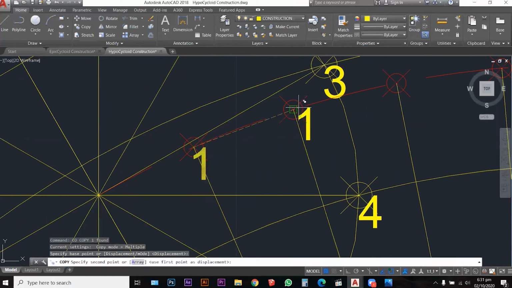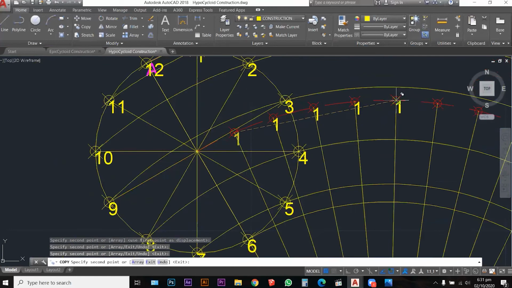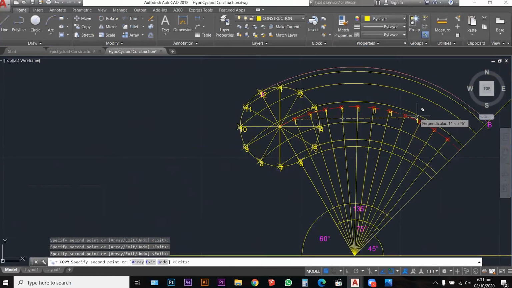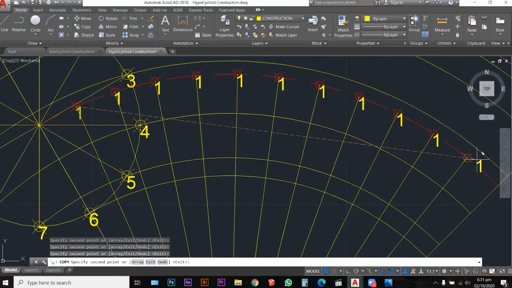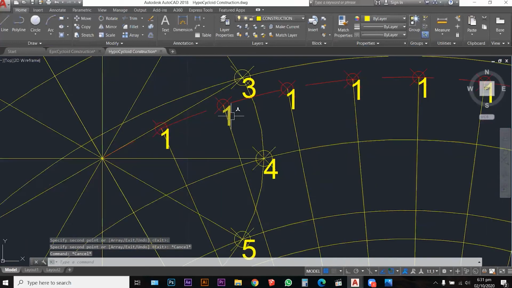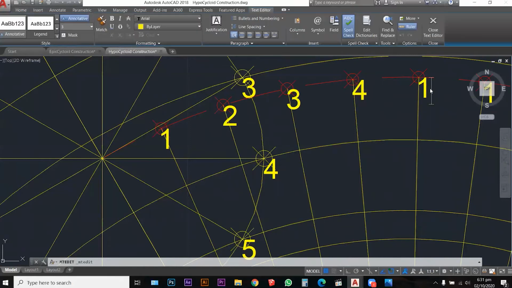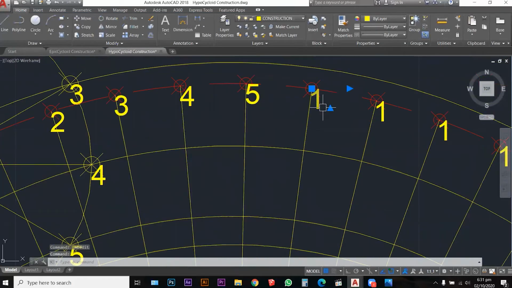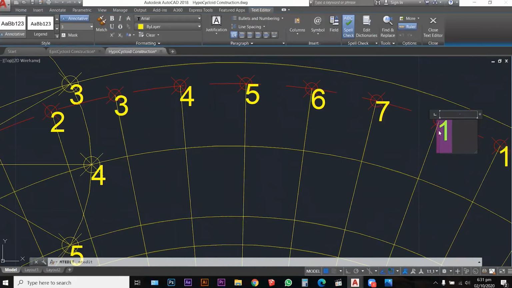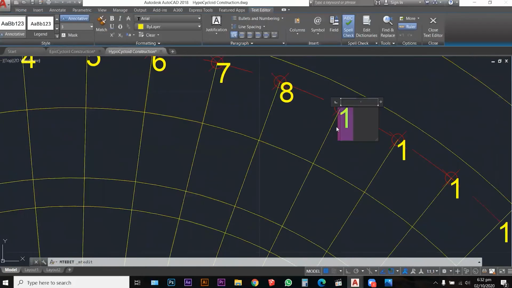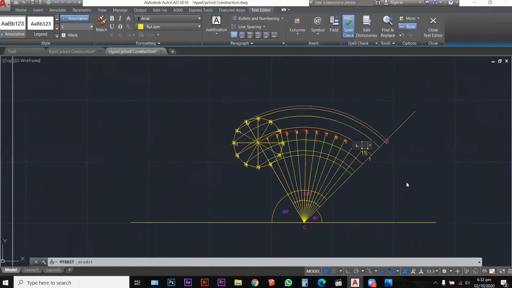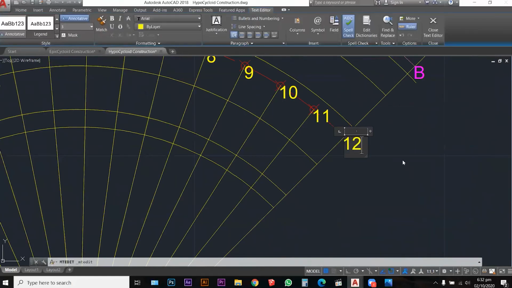I'm going to copy 1 and stamp it in at each point, and then come back and change. Two, 3, 4, 5, 6, 7, 8, 9, 10.